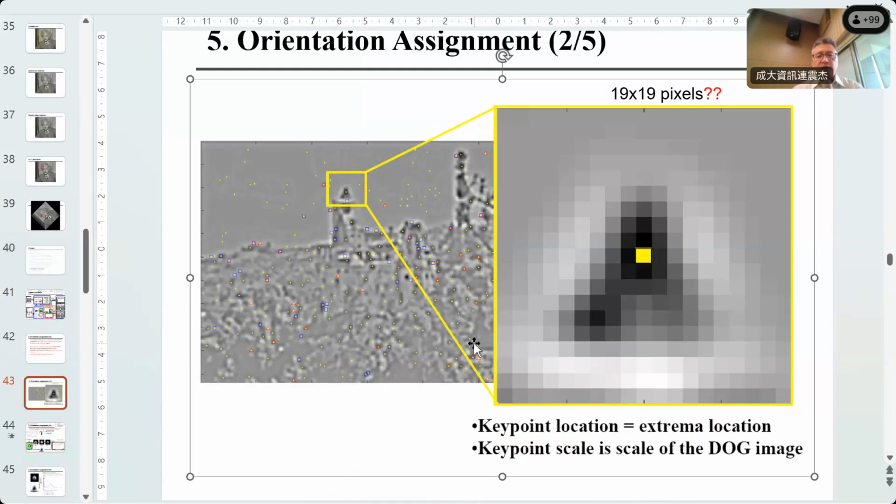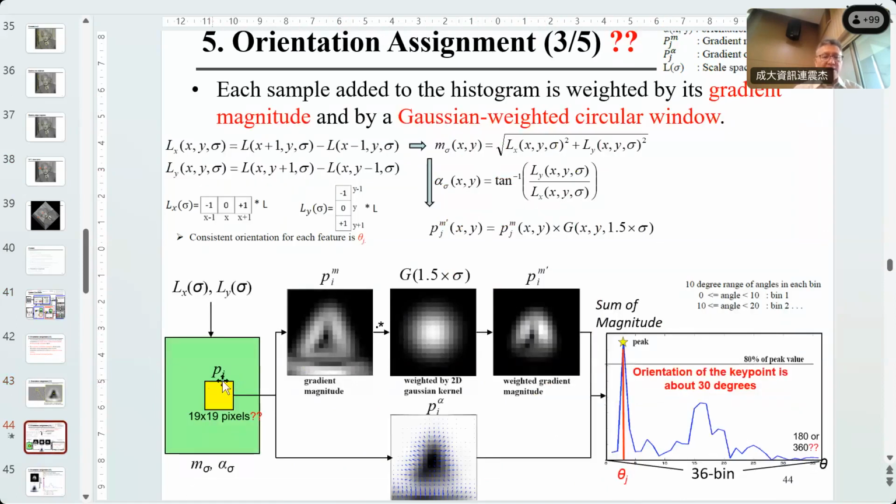So we have a corner here, right? We pick a patch here, and we try to find 19 by 19, for example. This is a patch. Suppose it is 19 by 19, and in the patch, remember each point has a magnitude.